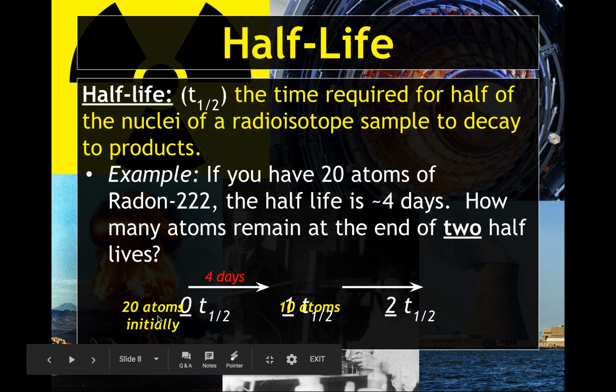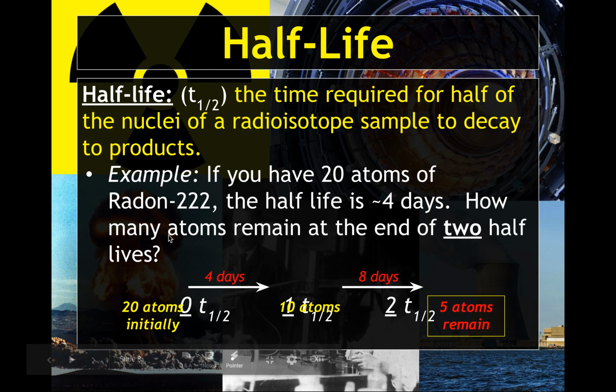Another 4 days goes by, which now we're 8 days away from our start time. And we're going to end up with 5 atoms remaining that are still radioactive. So every time the element goes through 1 half-life, only half of the radioactive atoms will remain.